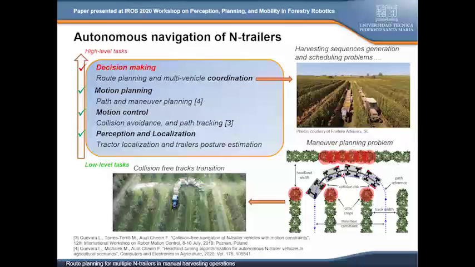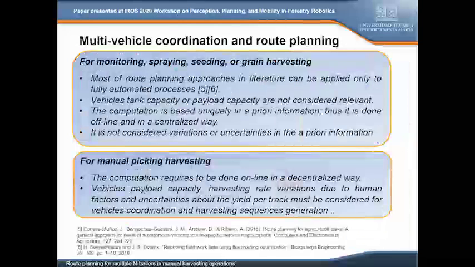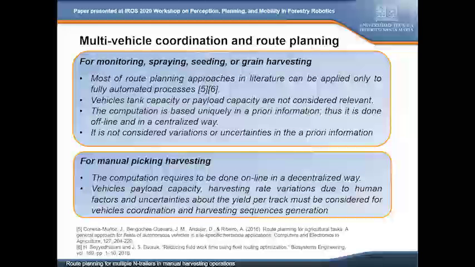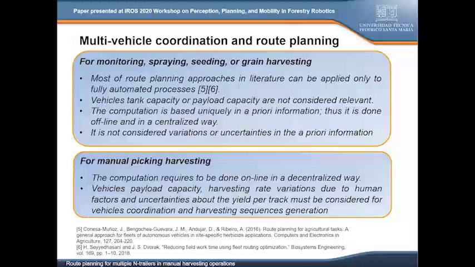and multiple coordination appear. In the literature, the cooperative navigation problem of the vehicle fleet has been focused mostly on operations where there are no interactions with human workers and where the vehicle storage or payload capacity is not considered as a relevant parameter. But in harvesting operations, despite the end-trailers having a scalable payload capacity, it is still finite.